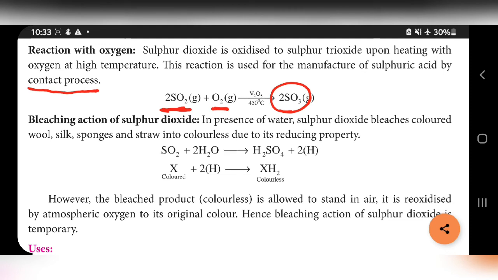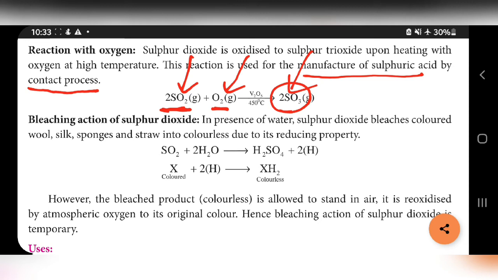That is, sulfur dioxide is oxidized to sulfur trioxide upon heating with oxygen at high temperature. The reaction is used for manufacture of sulfuric acid. So this contact process is used for manufacture of sulfuric acid.